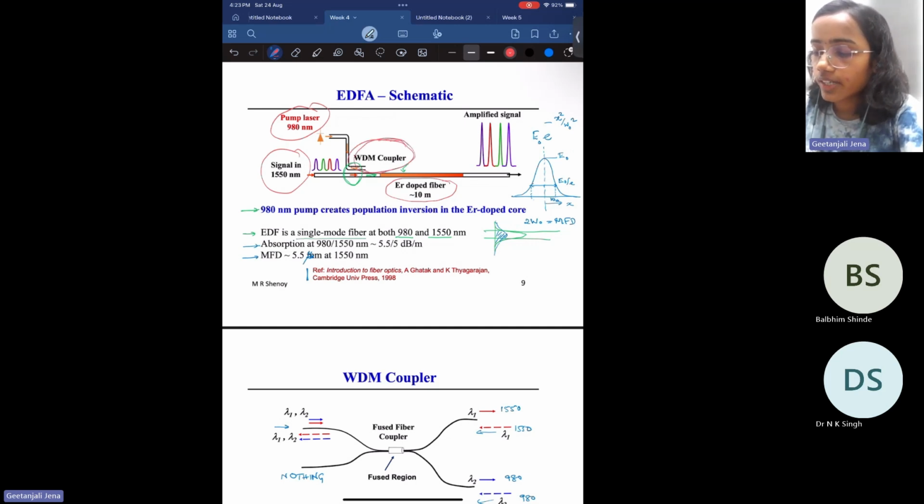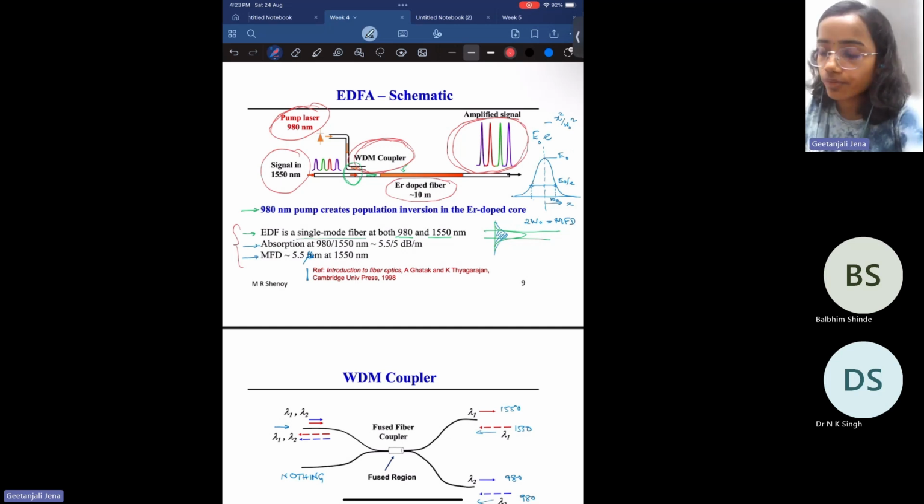We'll see what this WDM coupler is. When you couple these two signals to the erbium doped fiber amplifier, we'll see an amplified signal in the output.